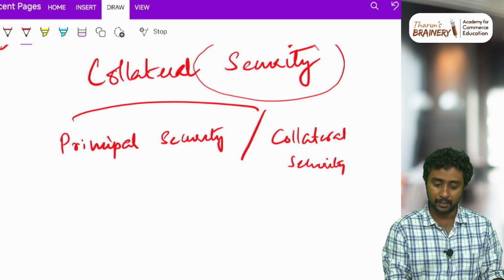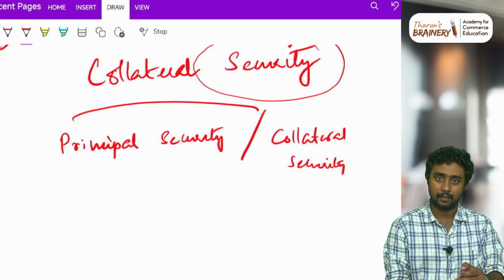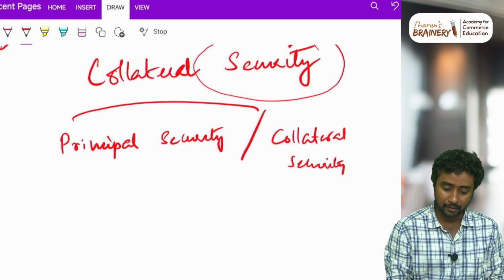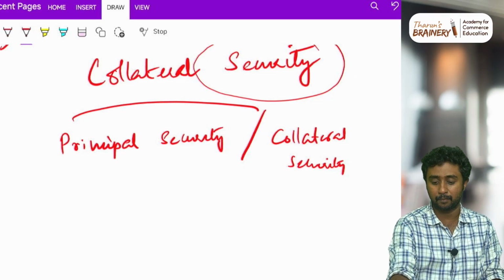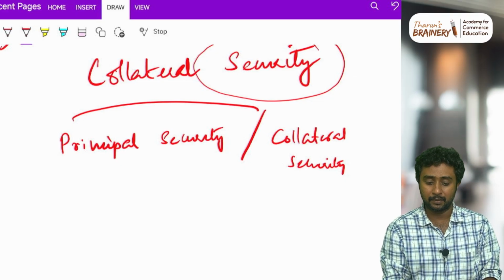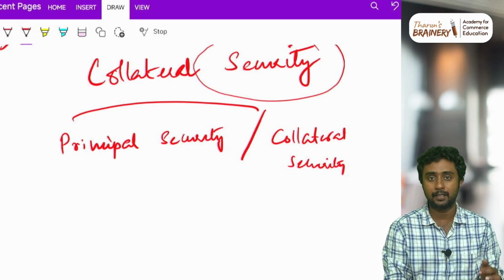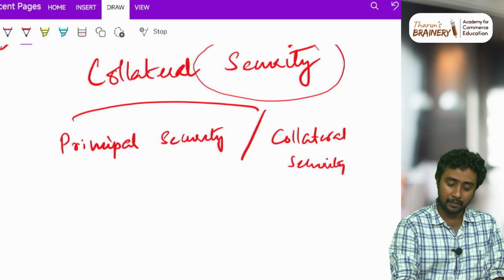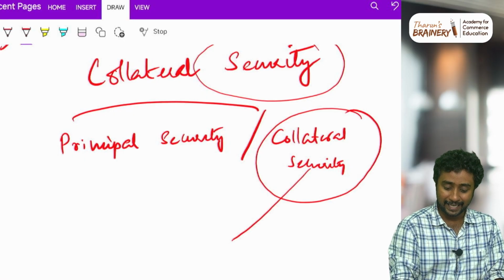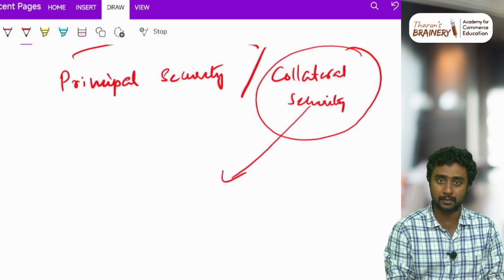Obviously the company can give some main security as a guarantee. In addition to that, they can give some other, extra security. That security is called collateral security, and as that collateral security, the company can also give its own debentures.